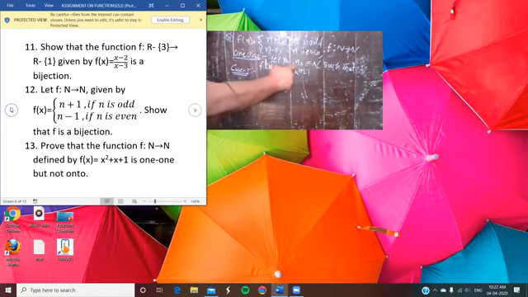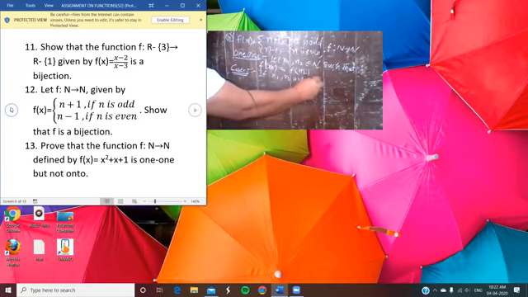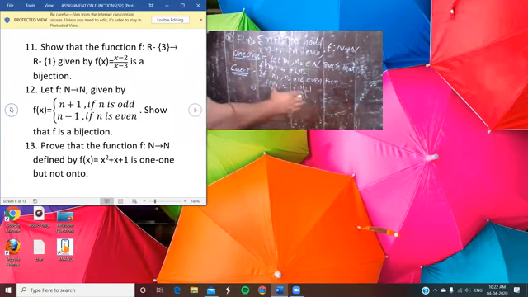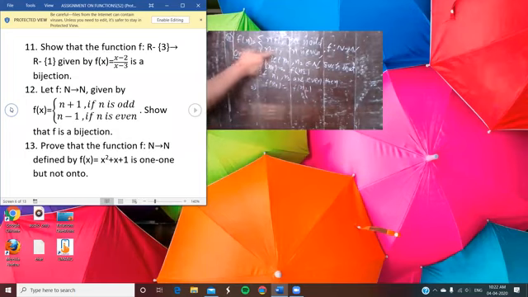if n1 and n2 are both even, then f(n1) is equal to f(n2) implies, for even numbers, you find the values of f(n1) and f(n2) from n minus 1.